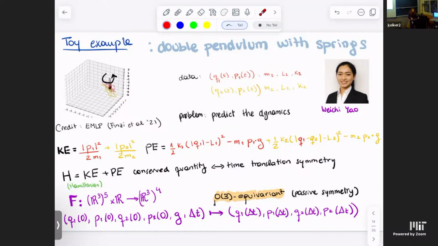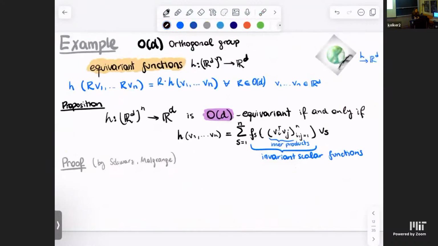So maybe I can say here that if you have a function that goes from (Rd)^n times Rd to R, and if this is invariant, then the derivative of f with respect to the last argument, let's call this B_{n+1}, is a linear invariant function.